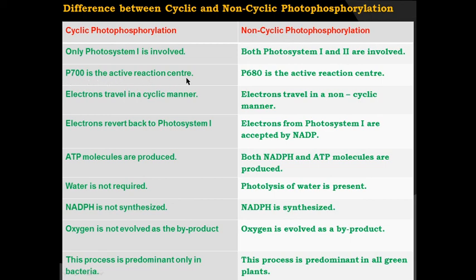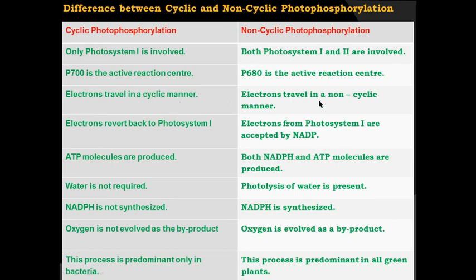P700 is the active reaction center for cyclic photophosphorylation and P680 is the active reaction center for non-cyclic photophosphorylation. Electrons travel in a cyclic manner because electrons moving from that chlorophyll molecule distribute this energy through the cytochrome systems and come back to their own home. That's why this process is known as cyclic photophosphorylation.